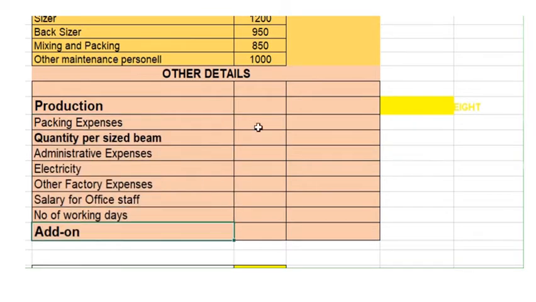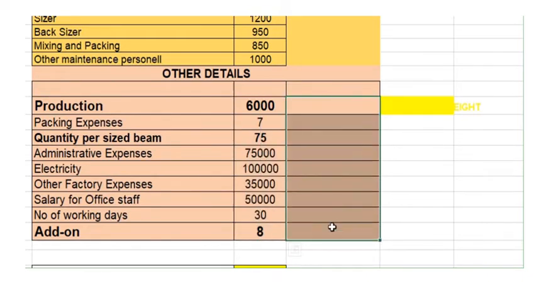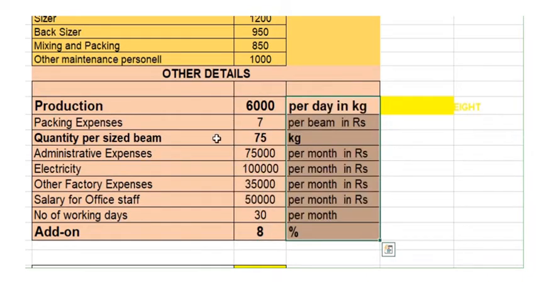An add-on percentage is given. This add-on percentage and production data is used to calculate the input. This quantity per sized beam is used for calculating the packing expenses, to calculate the number of beams. So these are the values and the corresponding units for those values.